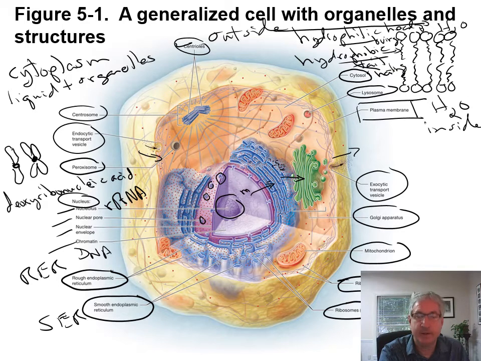So it's called messenger RNA. It goes into the rough ER, and then from there you have proteins that have been made, and those go into the Golgi apparatus. And the Golgi apparatus adds things to those proteins. It adds sugars, most commonly.